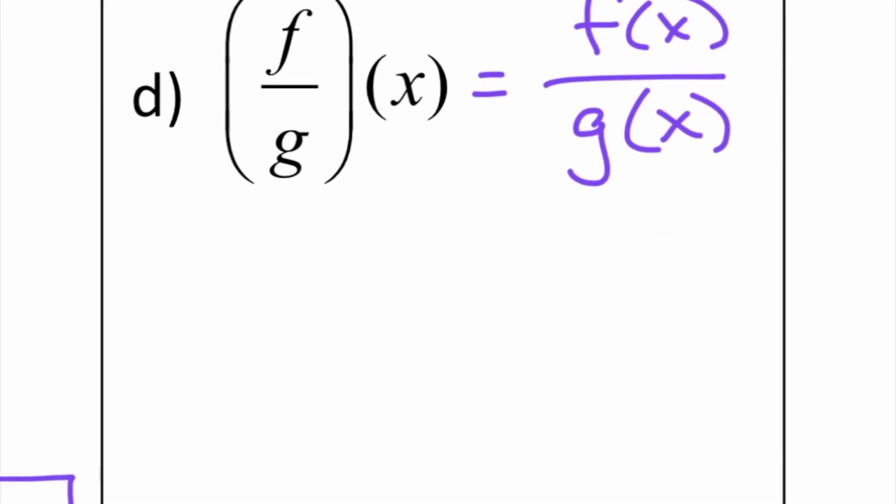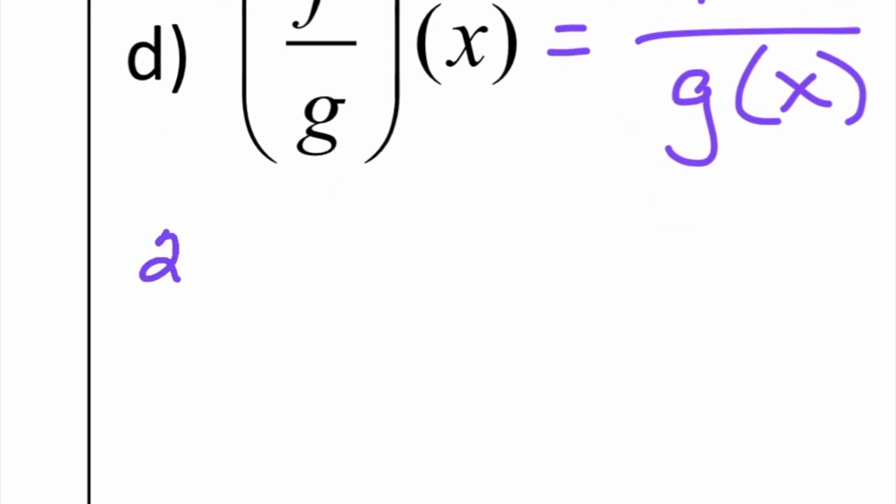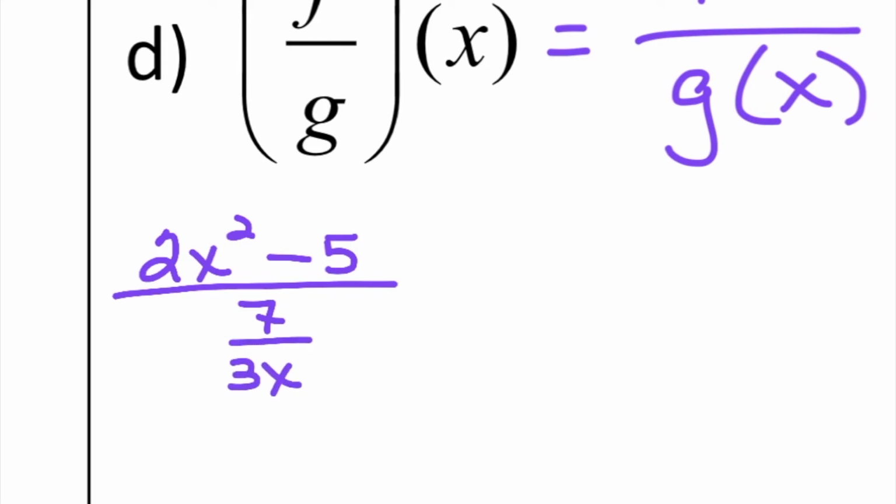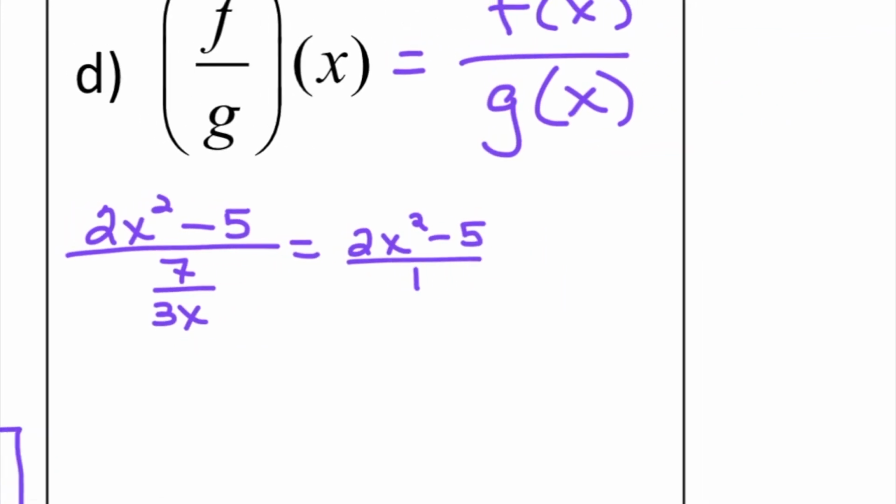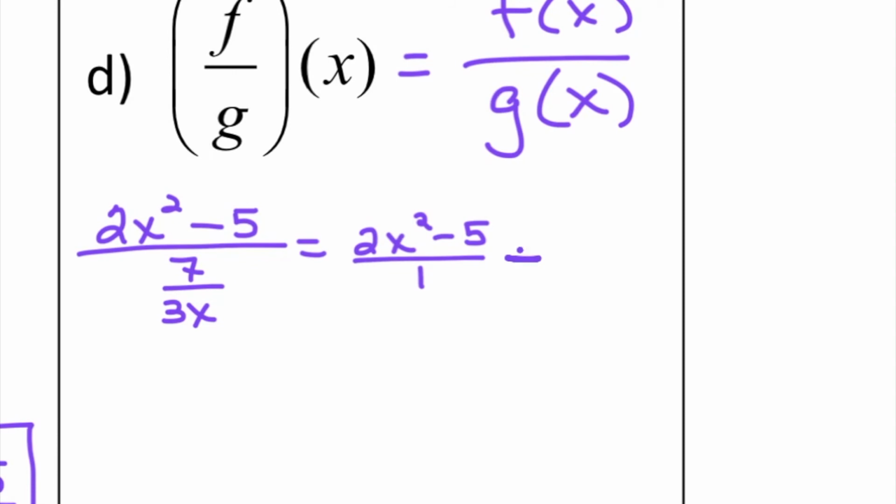So f of x is the 2x squared minus 5, and g of x is that 7 over 3x. And really what we're saying here is 2x squared minus 5, I'm going to write over 1 just so you can really see the division happen, divided by 7 over 3x.